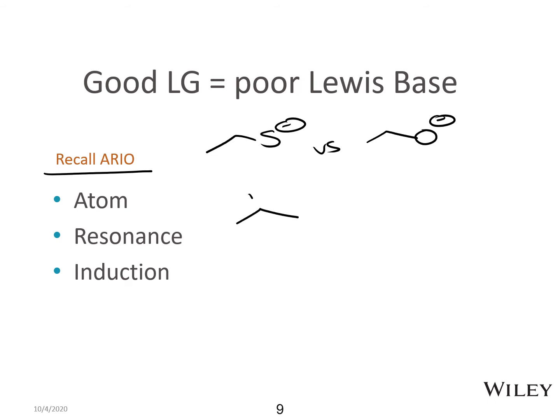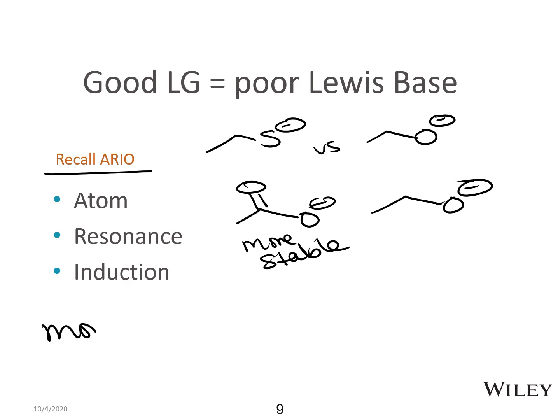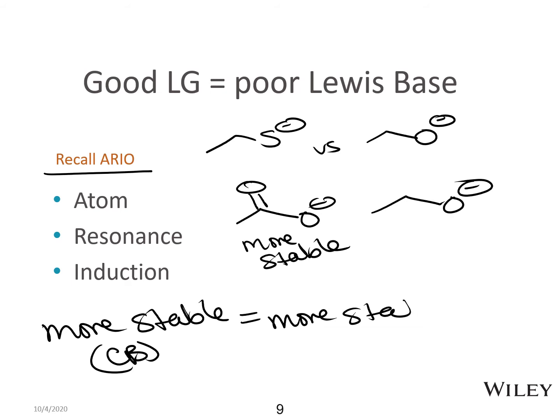Then we can look at resonance. So for example, here, both of these oxygens that have the negative charge can leave. However, this one would be more stable, and the more stable the conjugate base, or the more stable the compound is, the more stable the leaving group, which means it's a better leaving group.